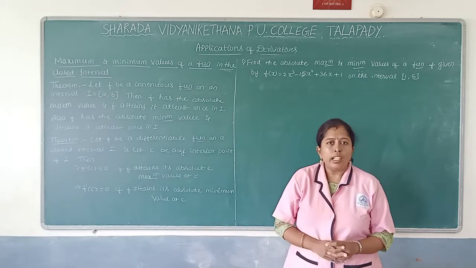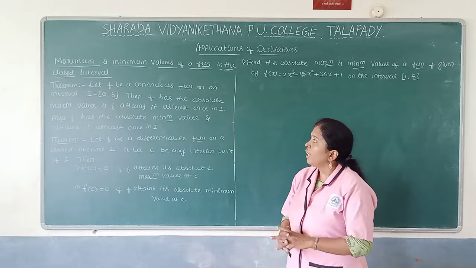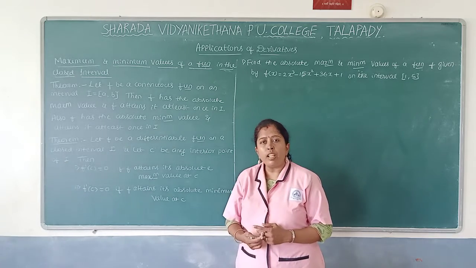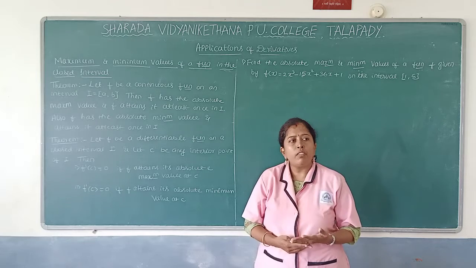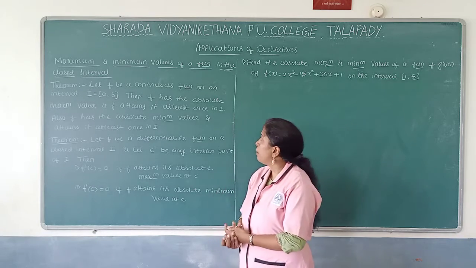We know already, let f be a continuous function always in the closed interval ab only. Then f has the absolute maximum. When we call it maximum means the given function has an absolute maximum. It is nothing but always maximum only.